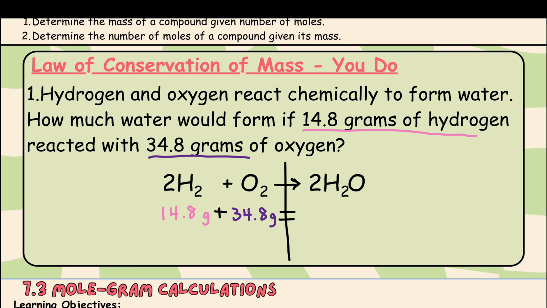Okay, I'm going to bring down that plus sign because it's going to be the hydrogen adding to the mass of the oxygen. And then we just got to figure out what mass of water is going to be produced. So that's just going to equal this left side. So we just want to do 14.8 plus 34.8, okay, which gives us 49.6 grams. So 49.6 grams of water is produced.